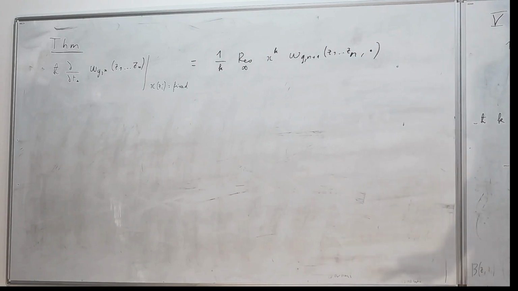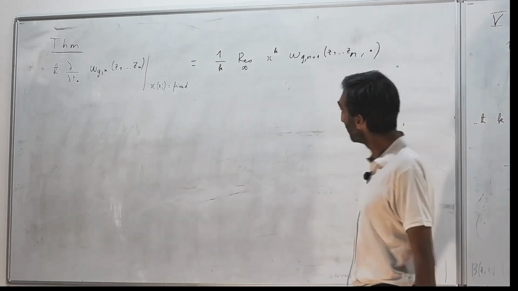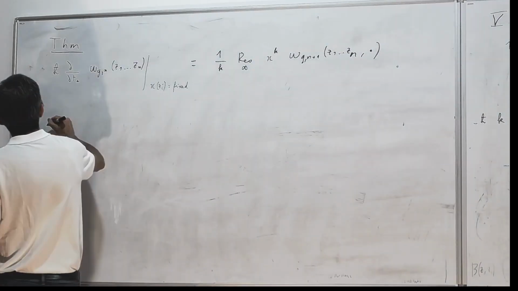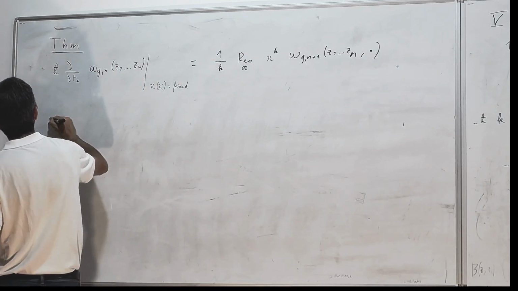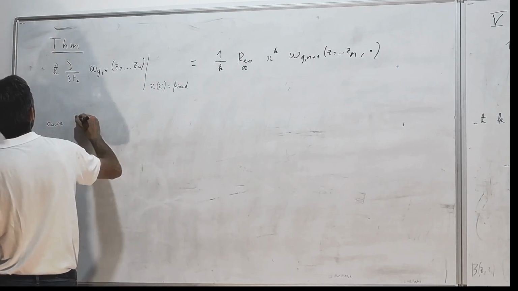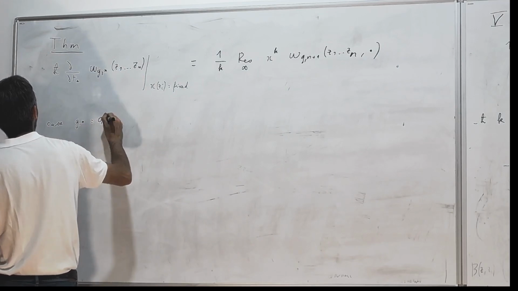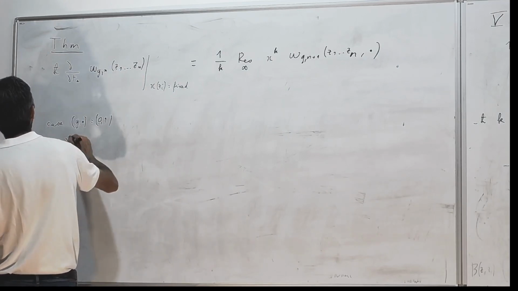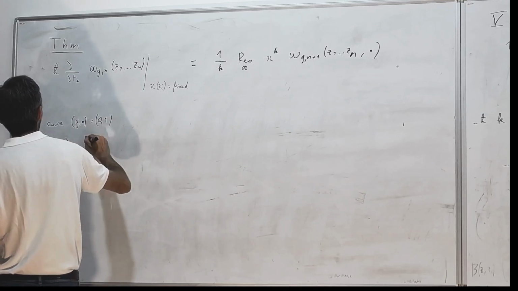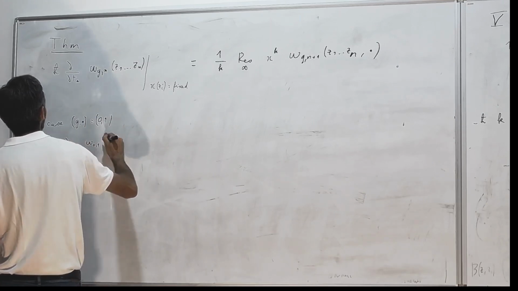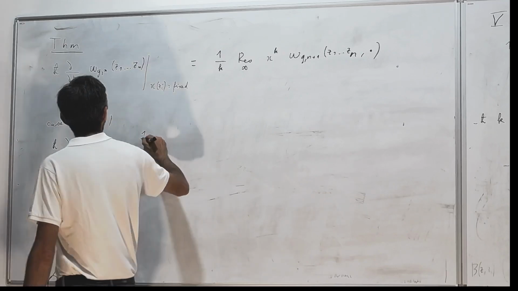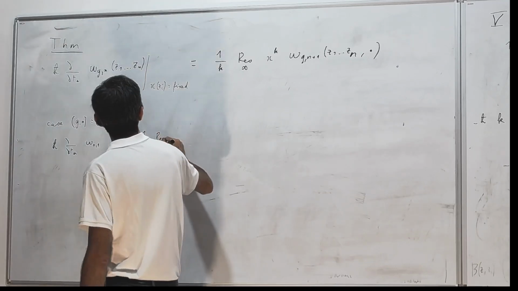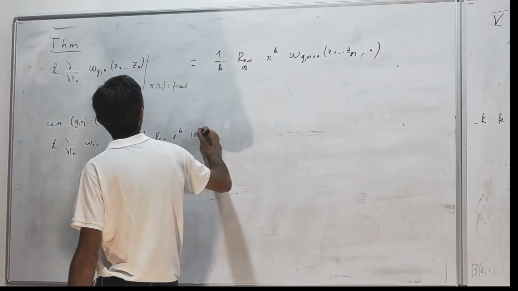In fact, a special case, the case (g,n) equals (0,1): h bar d over dt_k of omega_{0,1} is 1 over k residue at infinity of x^k omega_{0,2}.